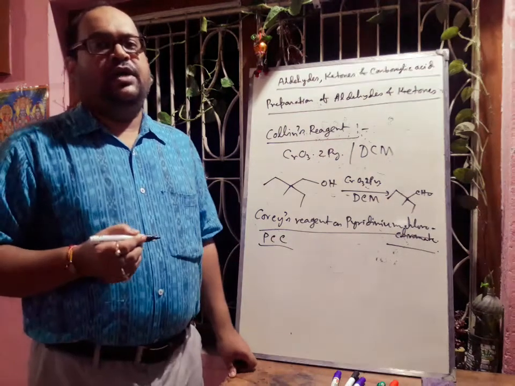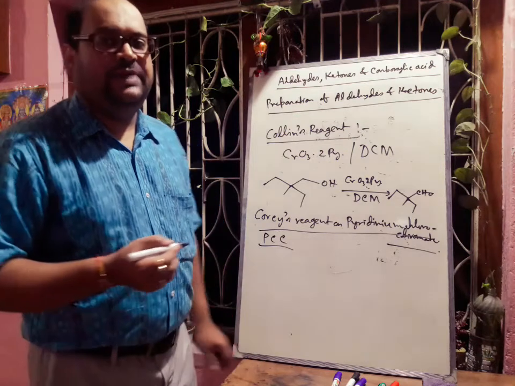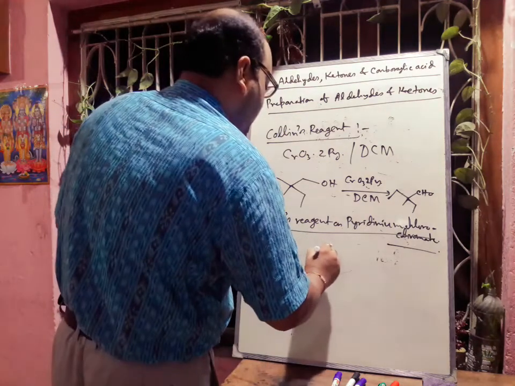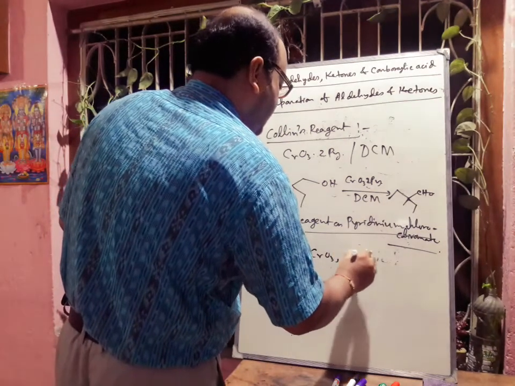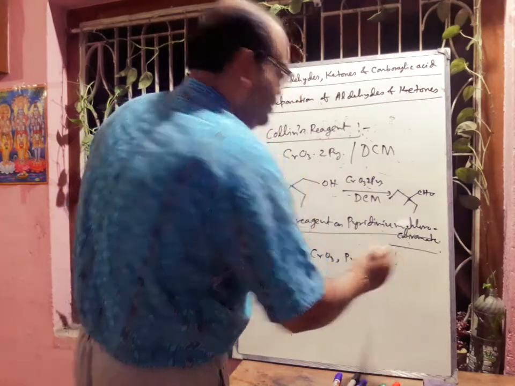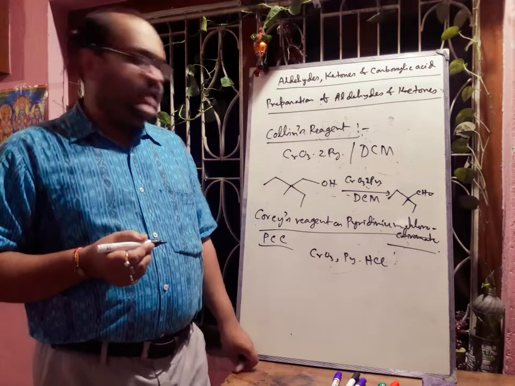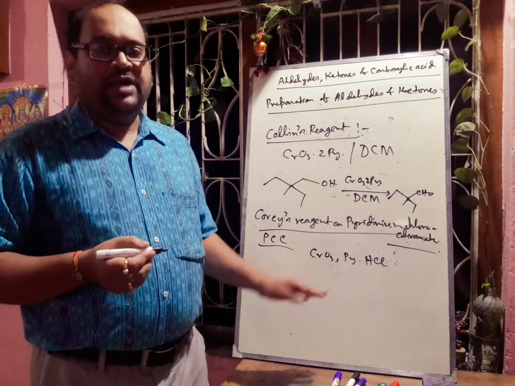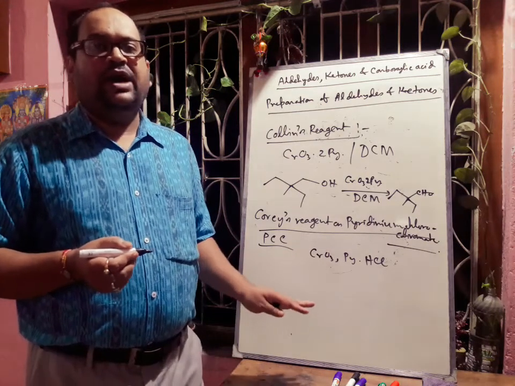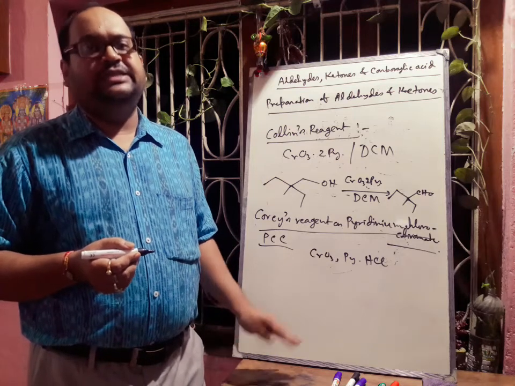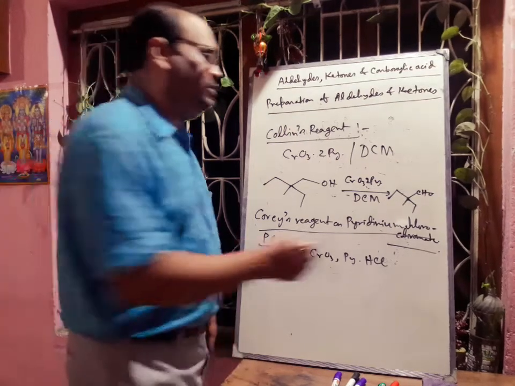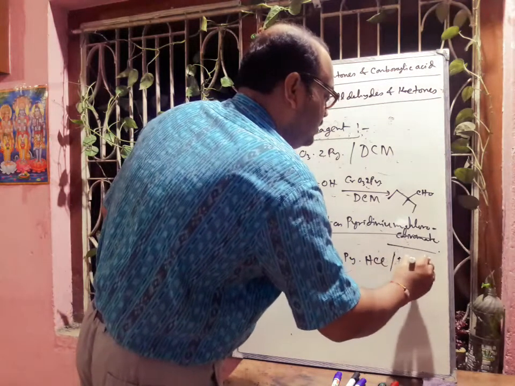It is chromium trioxide, pyridine and HCl. Generally this reagent is prepared by taking pyridine, chromium trioxide and HCl in a 1:1:1 ratio in DCM, dichloromethane. So here we have to use the solvent DCM.